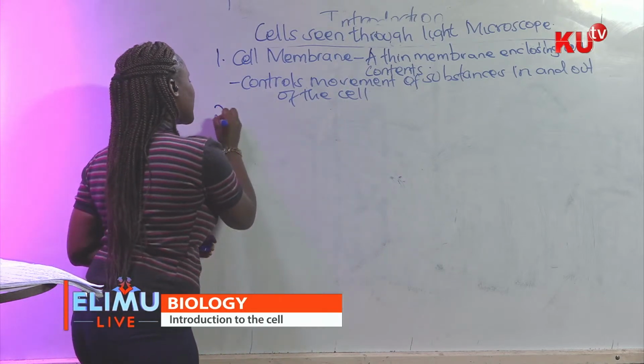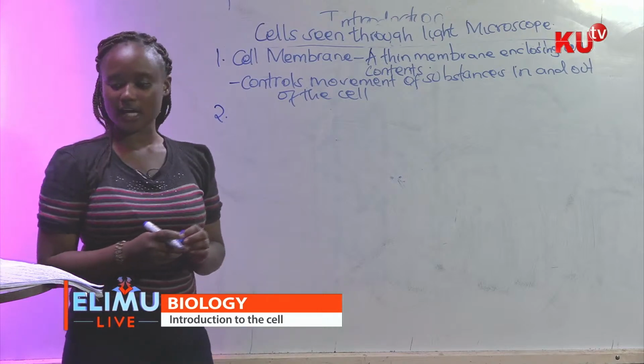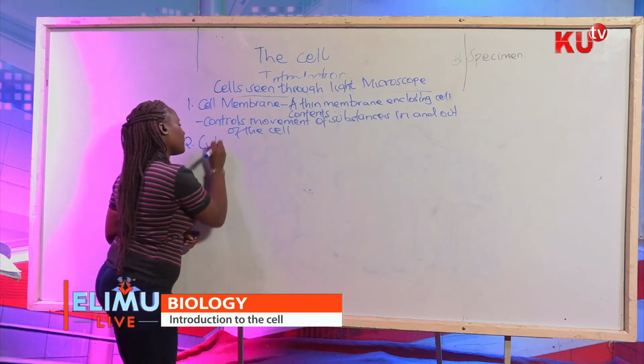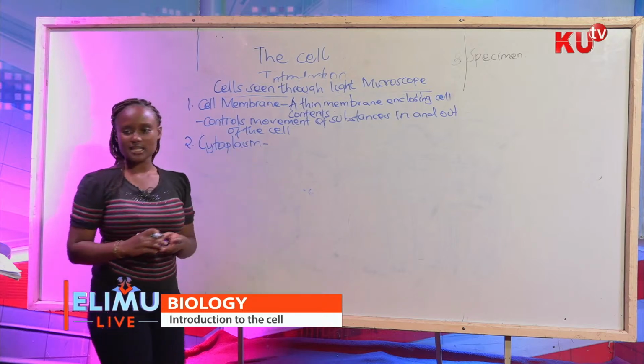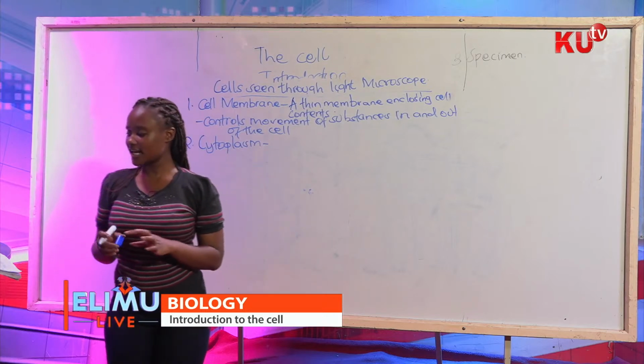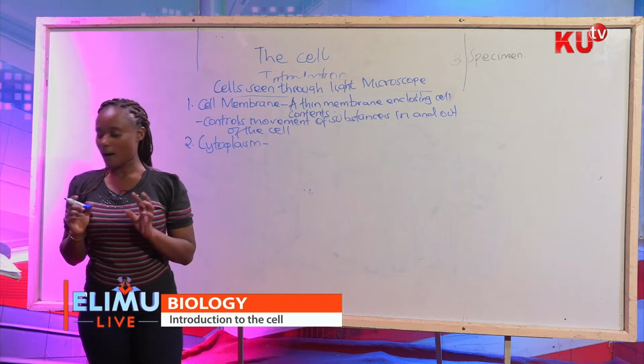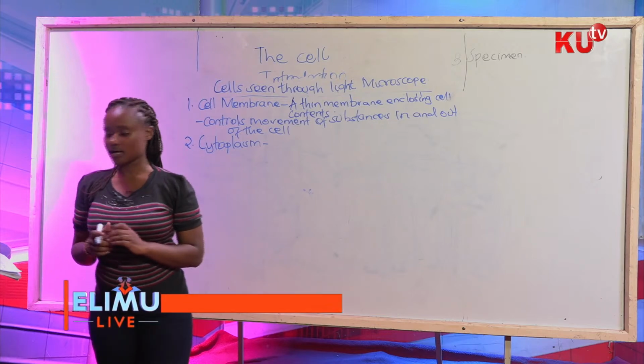Now, the second one is the cytoplasm. A cytoplasm is a jelly-like substance where chemical processes are carried out.